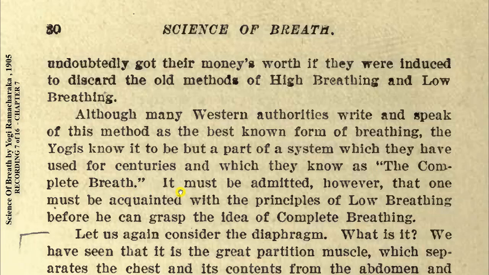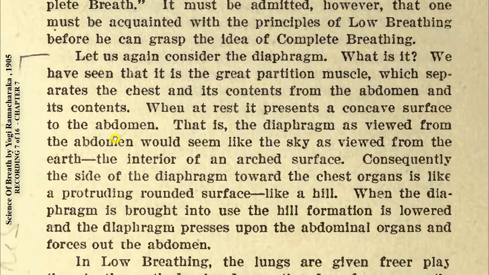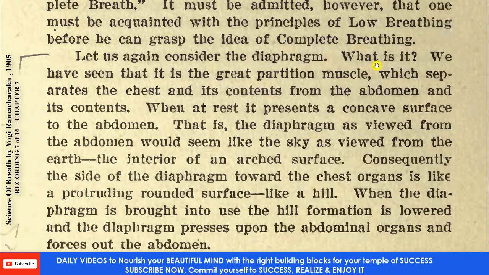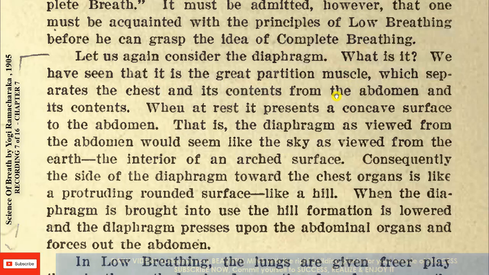It must be admitted, however, that one must be acquainted with the principles of low breathing before he can grasp the idea of complete breathing. Let us again consider the diaphragm. What is it? We have seen that it is the great partition muscle, which separates the chest and its contents from the abdomen and its contents. When at rest, it presents a concave surface to the abdomen.